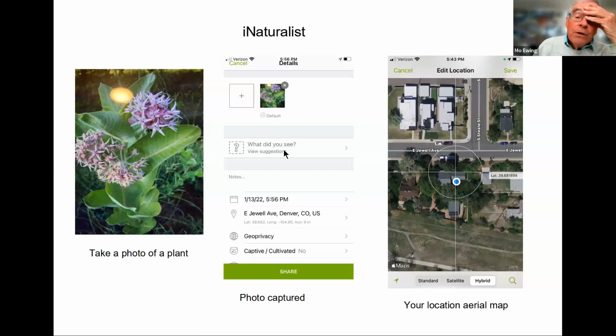And then you press, what did you see? And it will try to identify the species for you. It does it a lot more than you would think. It has a huge collection of photographs that they're obviously using artificial intelligence on now.